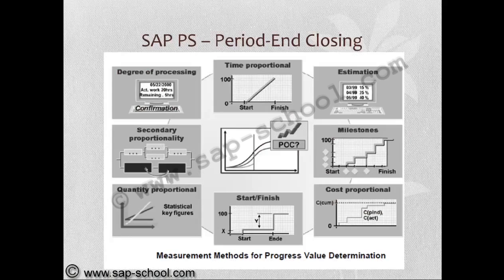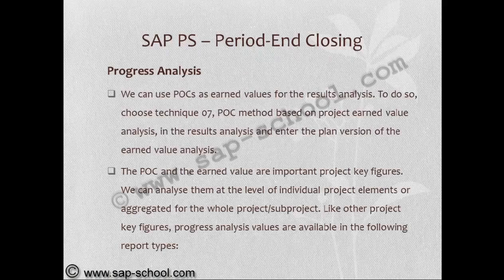So the measurement methods we can see over here are based upon start and finish, quantity proportional, that is statistical key figure based, secondary proportionality, degrees of processing, time proportional, estimation, milestone, cost proportional.